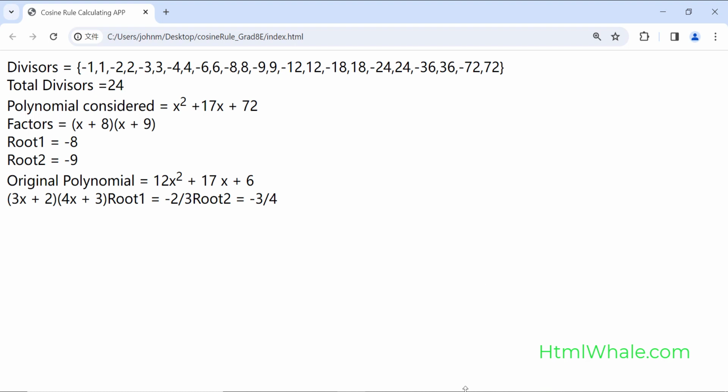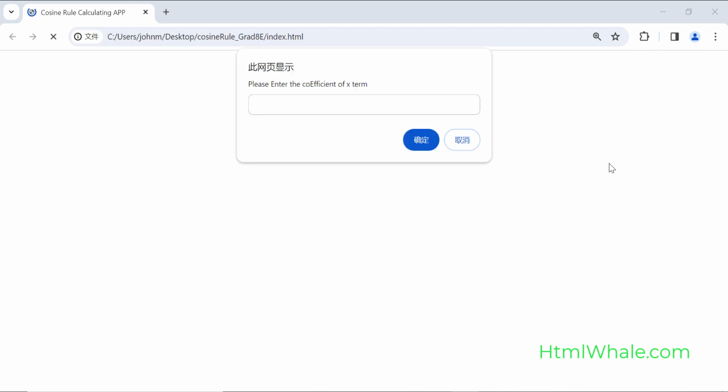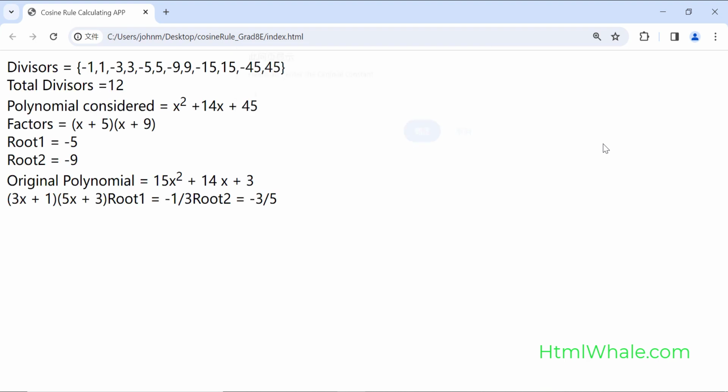Now I'm going to try another question just to show you that what code that we have got here is absolutely functional and it is very efficient. So in this case, enter the coefficient of x term. I'm going to enter 14. Enter the coefficient of x squared term. I'm going to enter 15. Enter the original constant, and clearly you can see the divisors, the total number of divisors, the polynomial considered.